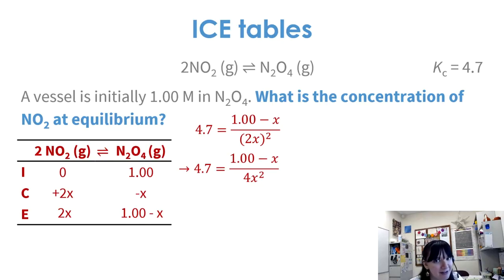So that's why here I've shown this step where my denominator goes from 2x squared to 4x squared. Because both the 2 and the x were squared there, I now have 4x squared as the denominator. I know it sounds silly, I know you've taken math classes, but these are things that people often forget and miss when they're working through the math very quickly. Don't forget to square the entire thing that's in parentheses there when working through these types of problems.